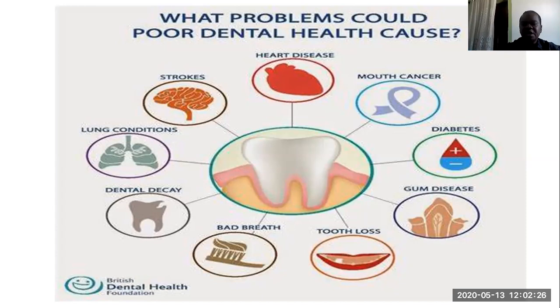So for that reason, early identification of oral problems is very important. And that is why you're there, to make sure the patient and members of the community who may not have direct access to dental care quickly identify the problem at the initial stages, and solve the problem.